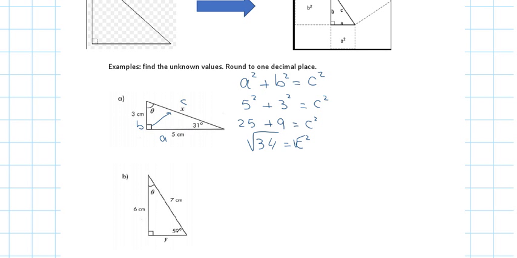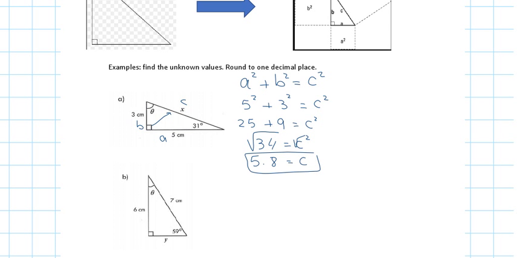Okay, so you said it's 5.8? What was after the 8 when you did it? Okay, so then we leave it as 5.8. This tells me that my side c is 5.8.